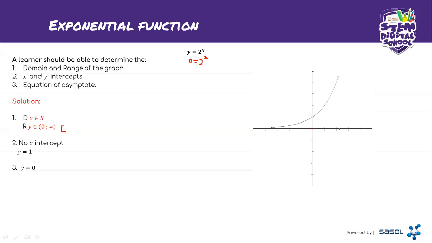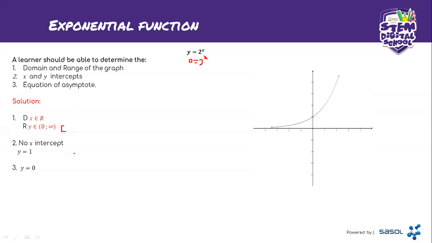But in this case, it's not going to be possible to see that because it's just lying on this x-axis. Now, this line cuts the y-axis at 0. Hence, the equation of asymptote is y equals 0.